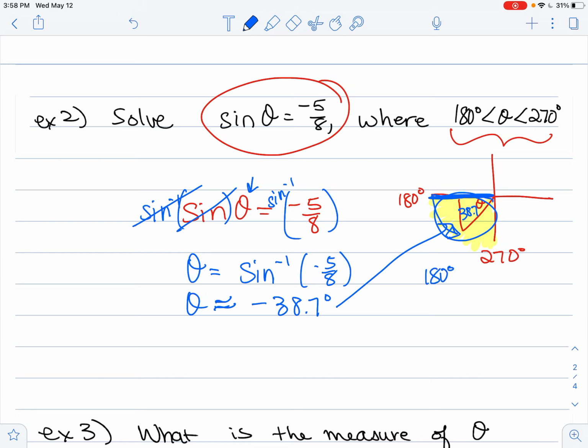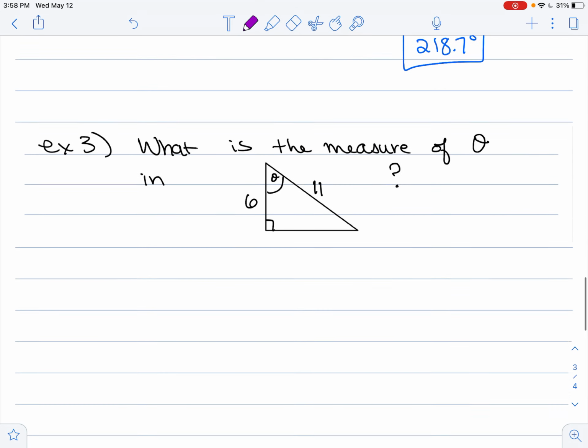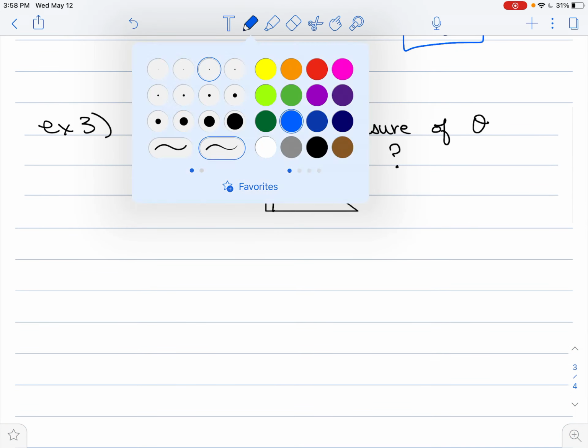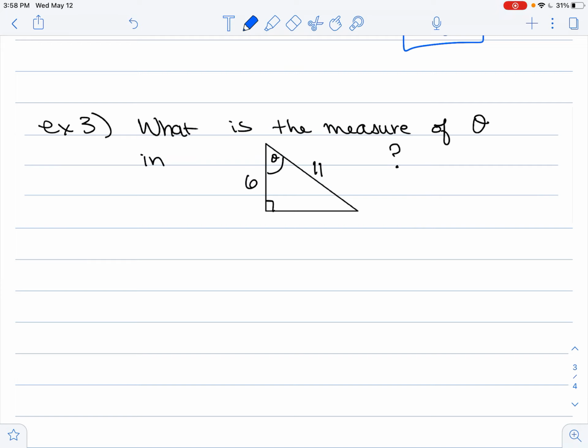So we're going to go 180 plus the 38.7, and we end up with 218.7 degrees as that angle in standard position. So this is right here, 218 degrees, 0.7.